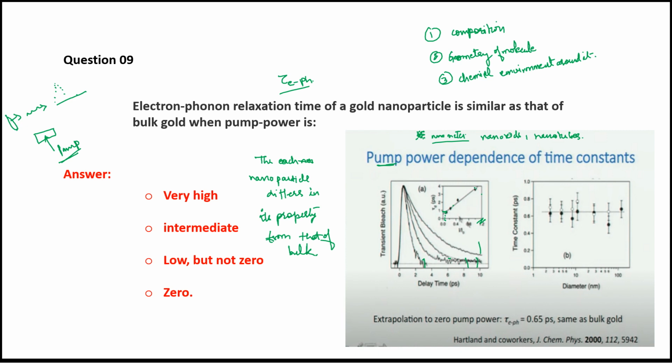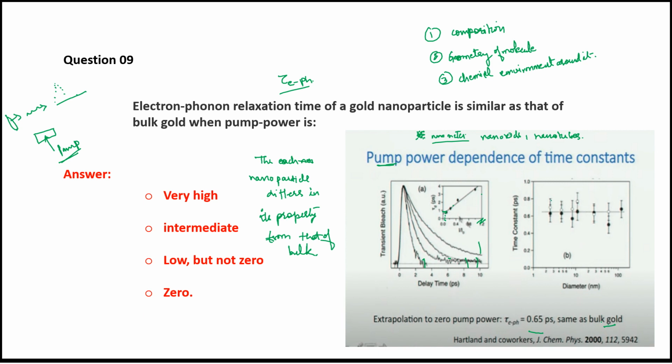So the electron phonon relaxation time of the gold nanoparticle is similar to that of the bulk gold. Now, in order to check that for the bulk gold, they plotted this time where the pump power was zero, and for each case it came out to be 0.65 picosecond, which is the same as that of the bulk.